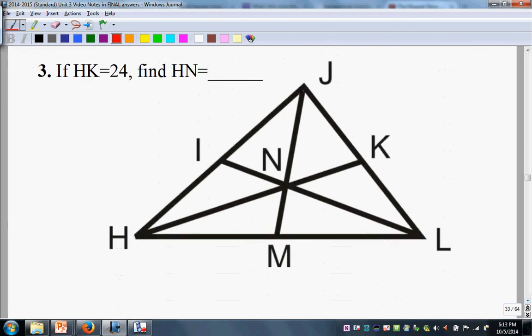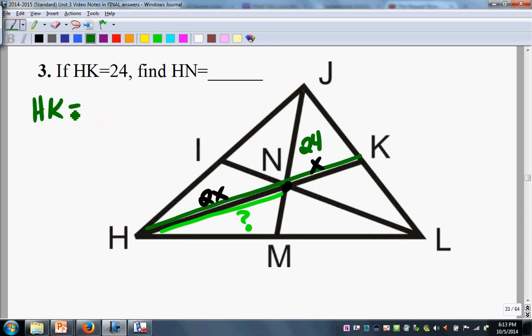I'll do one more with you. Right here, it says if H all the way to K is 24, we want to find H to N alone. Now, careful. This takes a little bit of doing here, because what we know is that this is a 2x and x relationship. We know HK is equal to HN plus NK.